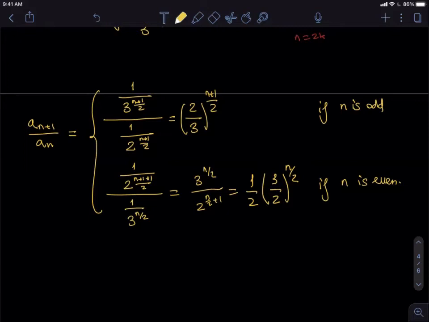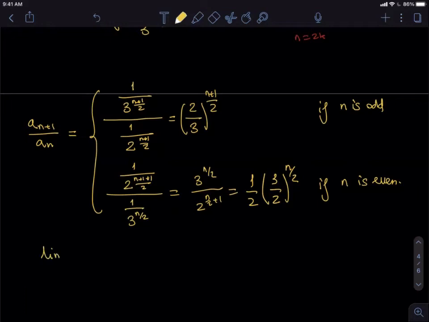One for the odd terms, the other one for the even terms. And they don't seem to have the same limit, okay? Because 2/3 is smaller than 1. So when we raise it to power n, that's going to go to 0. And 3/2 is bigger than 1, so it's going to go to infinity. So we have two different subsequences here.